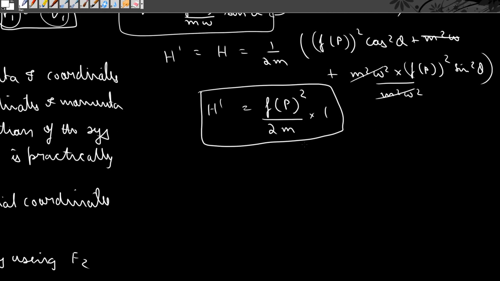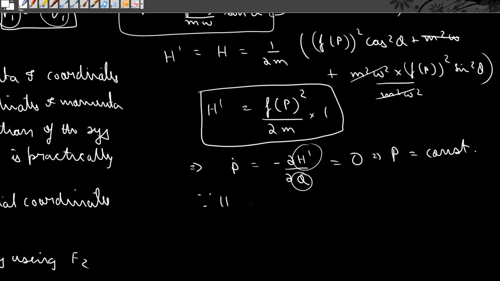So clearly our new Hamiltonian does not depend on the new coordinate, and therefore it is cyclic in Q. But if our Hamiltonian is cyclic in Q, it means that the corresponding conjugate momentum must be conserved. This also we have seen previously. So this implies that our P dot, which is equal to minus dou H dash by dou Q, since our H dash is not dependent on Q, should be equal to 0, which means that our P is a constant.